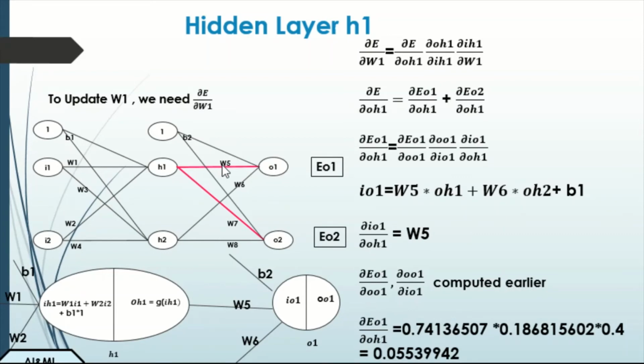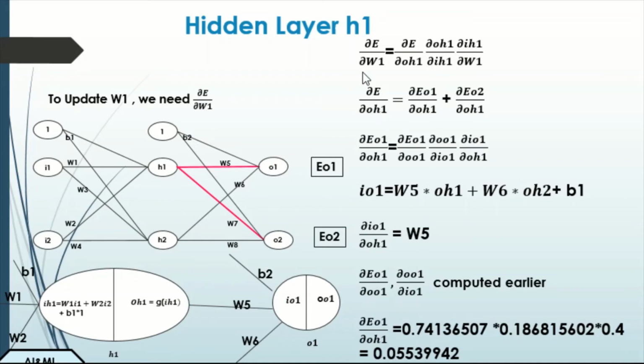Another point which is important here is, since this is an internal node, it is getting the error from all the nodes from the last layer. So in this case, there are two nodes which are connected to hidden layer 1. So accordingly, it is getting this error from the two nodes, and accordingly we will have to have two terms associated here for the error differential.